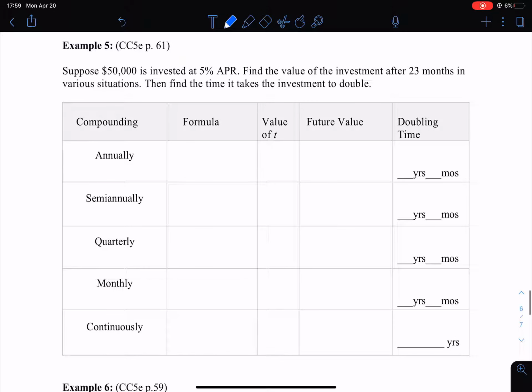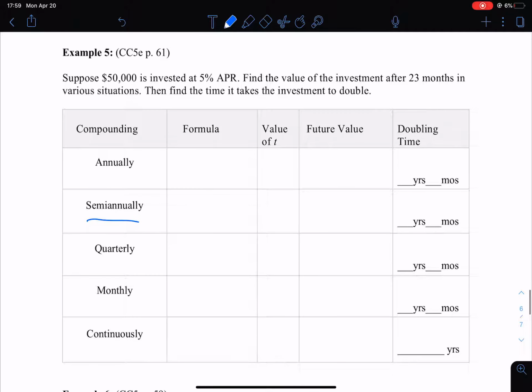The next one. This table is a very good exercise. Since the solution is given, I recommend you finish this table one more time. For this one, I'm going to talk about the semi-annually case.